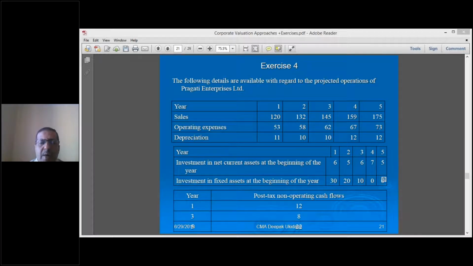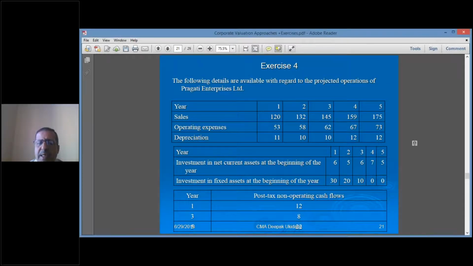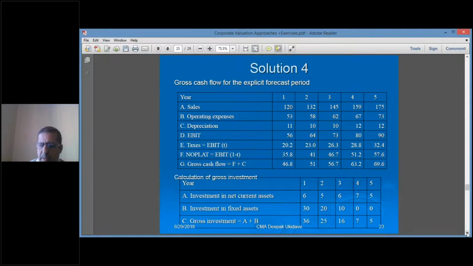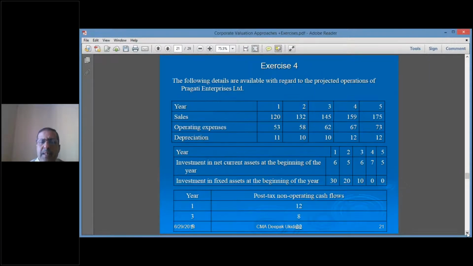Then year 1, 3, and 5, you will find there is non-recurring expenditure which has taken place. Non-recurring expenditure in year 1, 3, and 5. One minute. That is 12, 8, and 22.